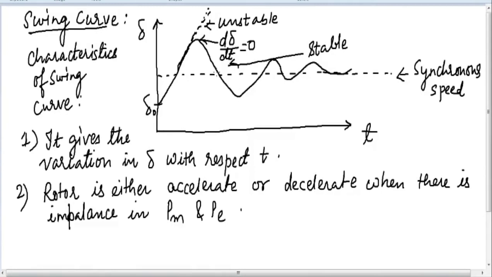Why large disturbances? Because we are now dealing with transient stability, and the definition of transient stability itself talks about large disturbances.